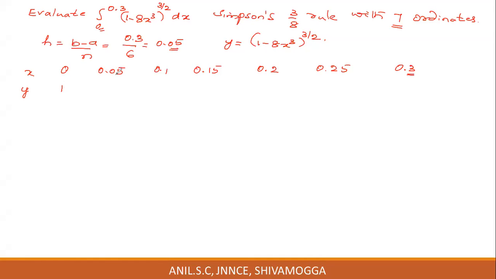When x is equal to 0.05, y is 0.9985. Next, x is equal to 0.1.